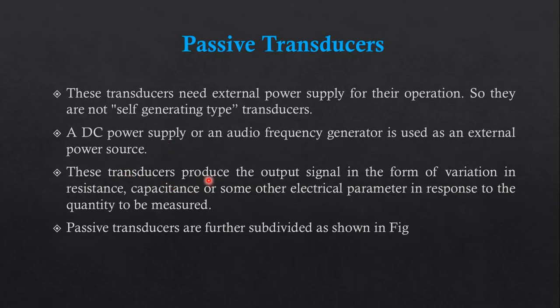This transducer produces the output signal in the form of variation in resistance, capacitance, or some other electrical parameters in response to the quantity to be measured. So whatever quantity we are measuring, we are going to get an electrical signal from our passive transducer. Passive transducers are further classified as shown in the figure.